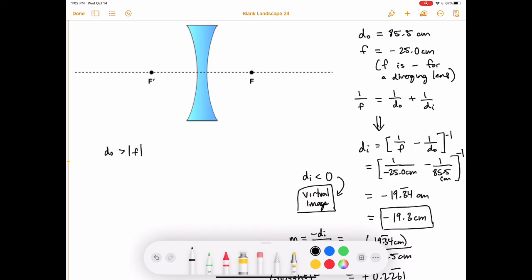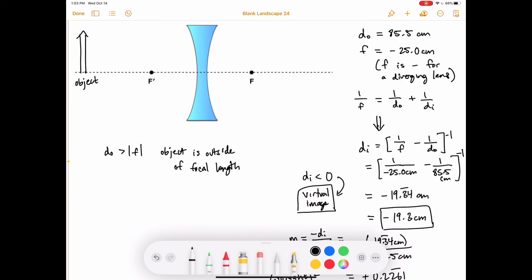So even though f is negative, DO is greater than the absolute value of f, right? 85.5 is greater than 25. So what we have is the object outside of the focal length. So when we make the diagram, let's just make sure to put the object outside of the focal length. So here's the object.